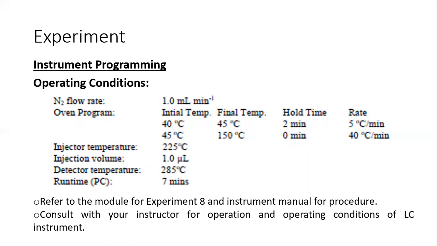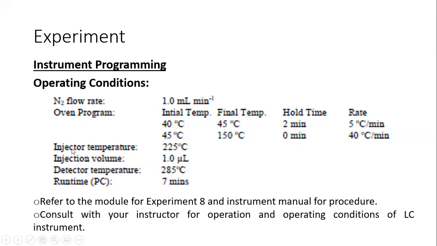And then the oven program will just be input in the gas chromatograph. Okay, there is a control panel on the gas chromatograph, so you will just need to program it there.